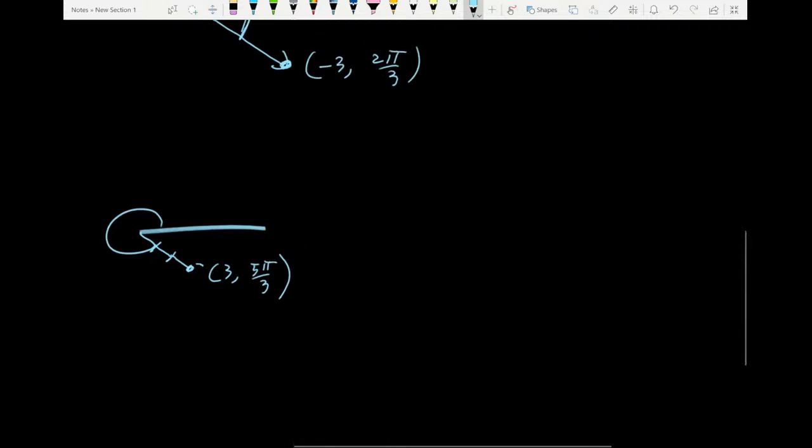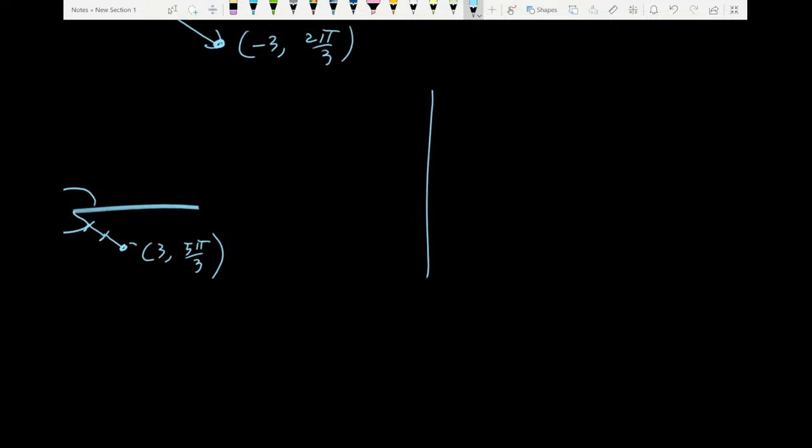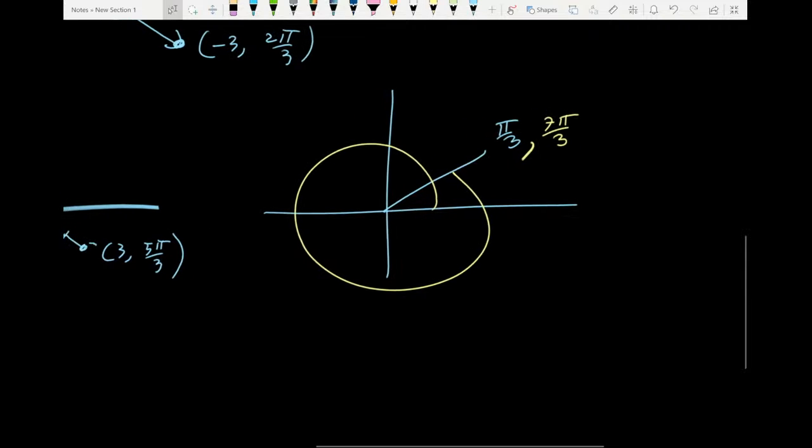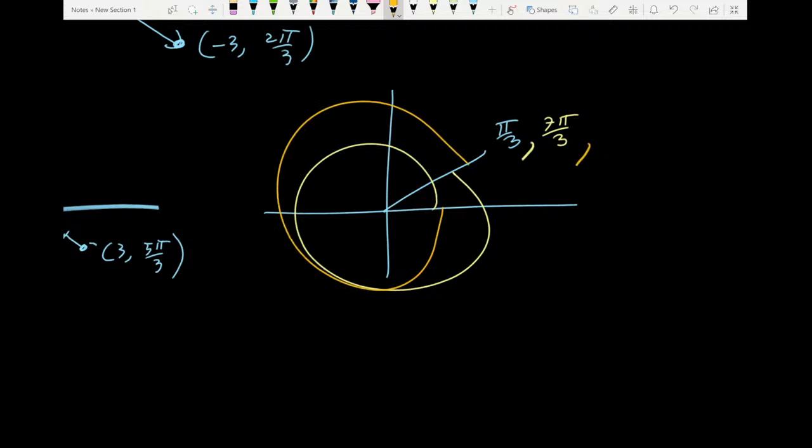Now, do you remember your coterminal angles? Let's say if this is pi over 3, if I go around again, it'll be 7 pi over 3, things like that. Or if I go to the negative side, it will be -5 pi over 3.